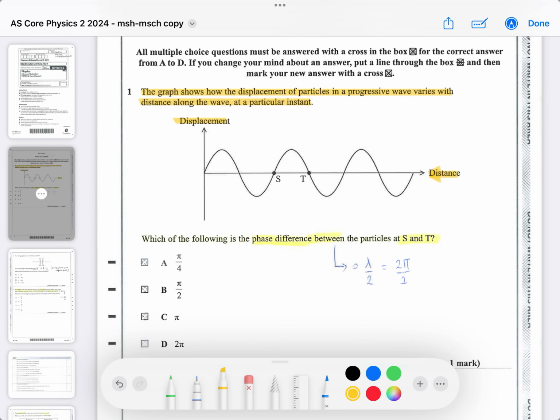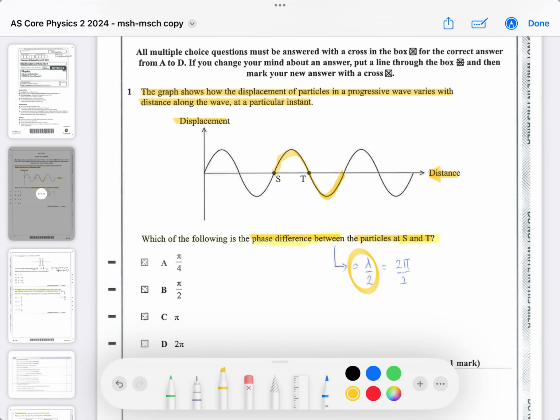The question asks, which of the following is the phase difference between the particles at S and at T? So you can see that there's a difference between them of half a wavelength, because a full wavelength would be from there to there. Half a wavelength in terms of radians, if it's got pi in it, it means they've changed to radians.